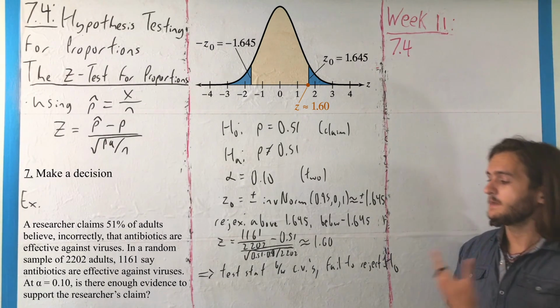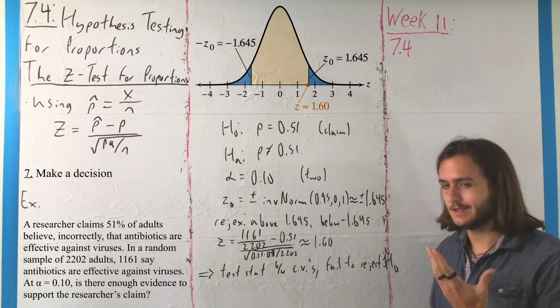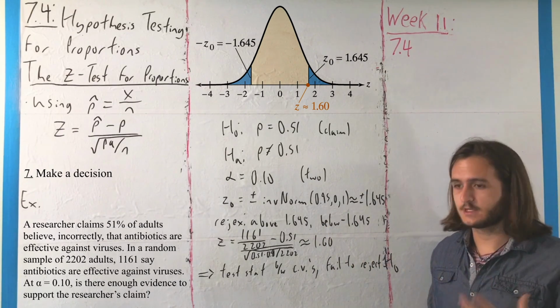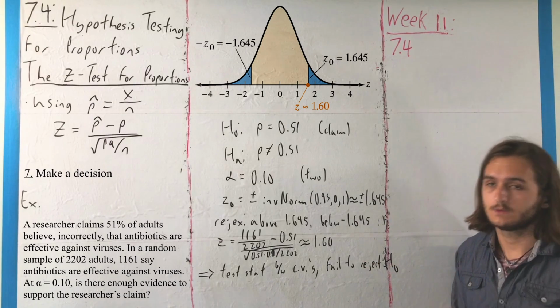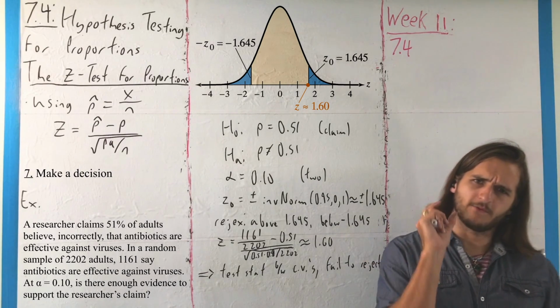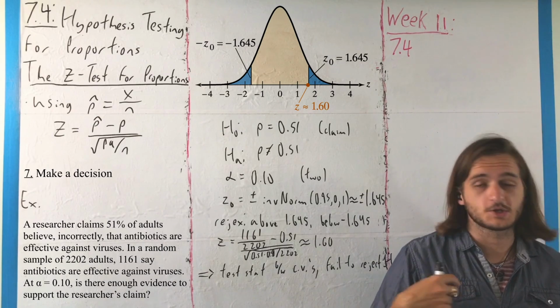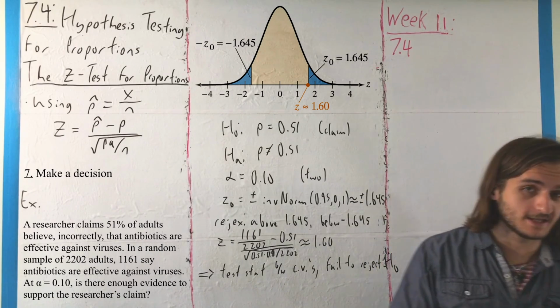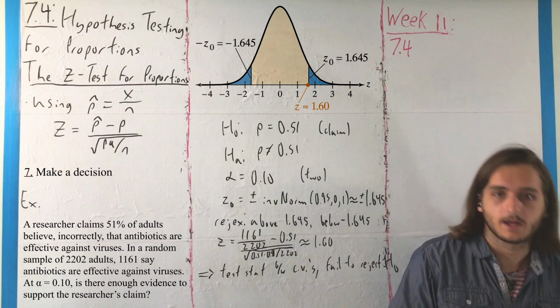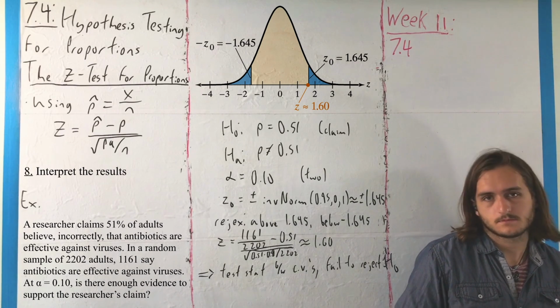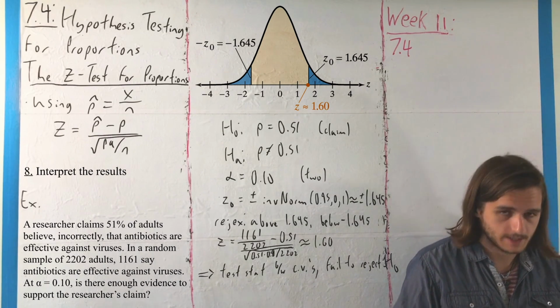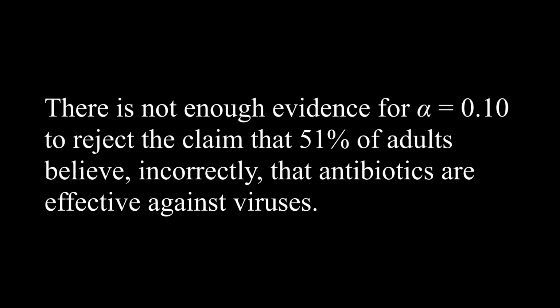We fail to reject the null because this value lands in the middle. Technically, the other one does too, but a little bit less interestingly, even though if we look at this distribution, as you can see popping up here, it is very close. This researcher was probably sweating a little bit, but their confidence did pay off here, as if we want to talk about what would be the interpretation, we could say something like there is not enough evidence for alpha equals 10% to reject the claim that 51% of adults incorrectly believe that antibiotics are effective against viruses.